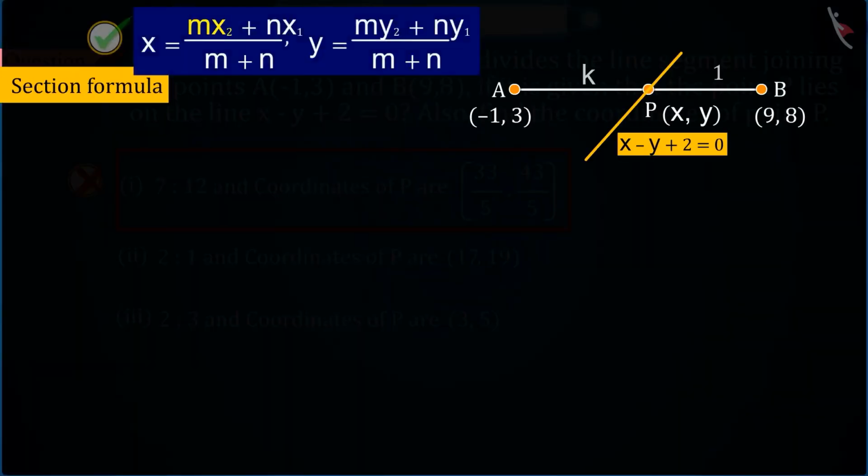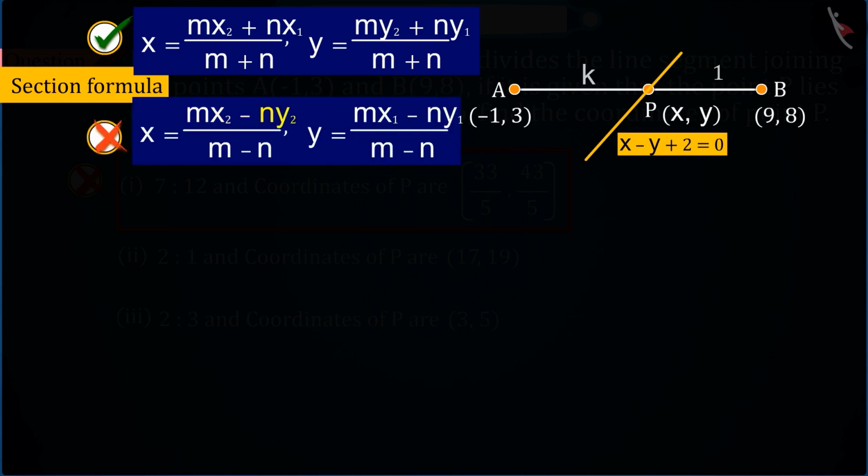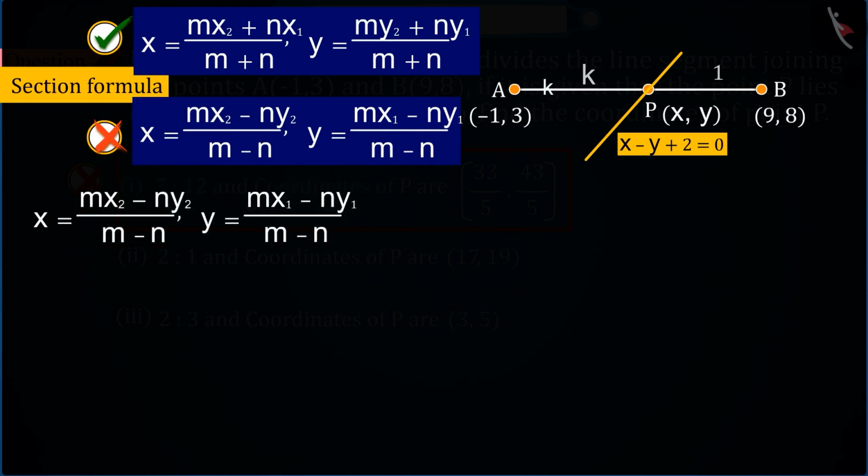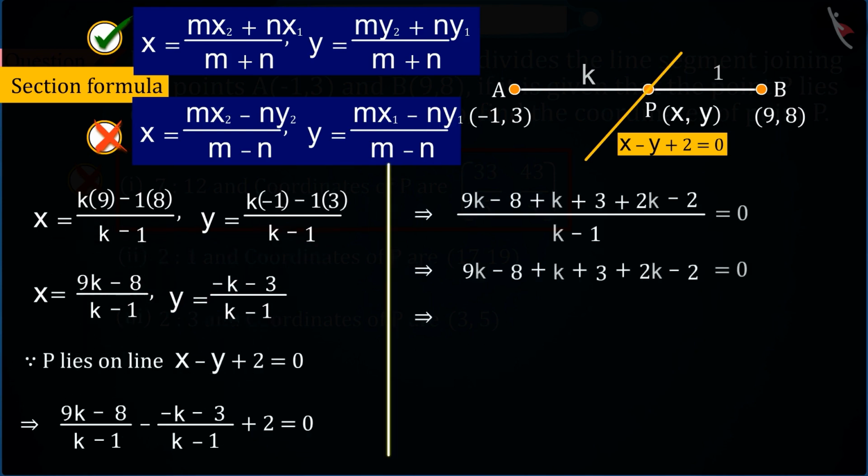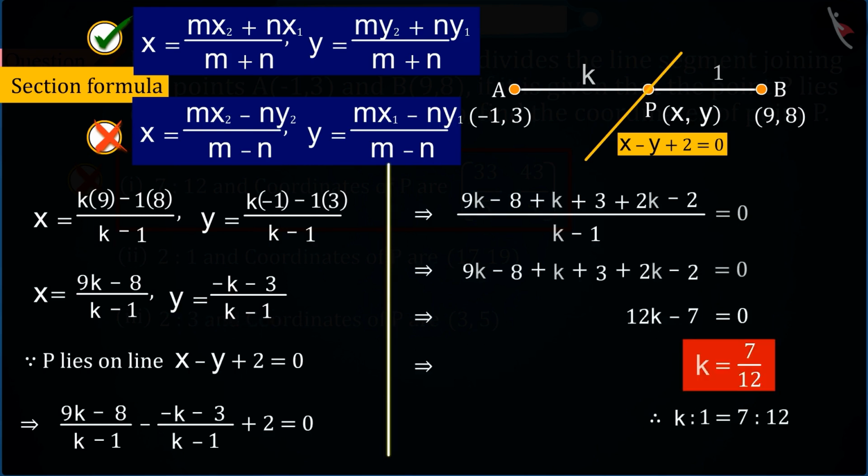Because in the section formula, in place of (mx2 plus nx1) over (m plus n) and (my2 plus ny1) over (m plus n), instead (mx2 minus nx2) over (m minus n) and (mx1 minus ny1) over (m minus n) was placed, on solving which the value of k is 7 over 12.